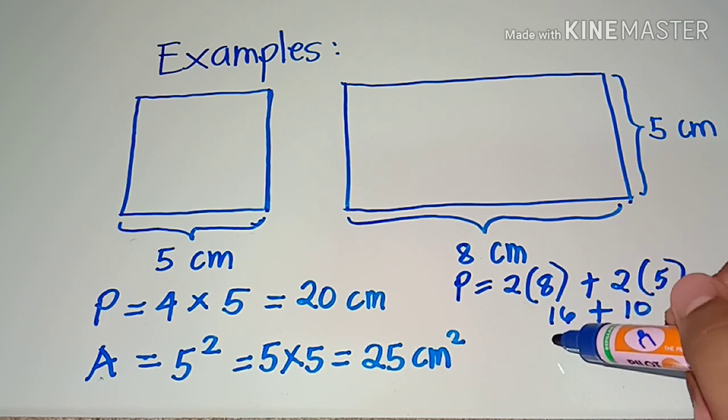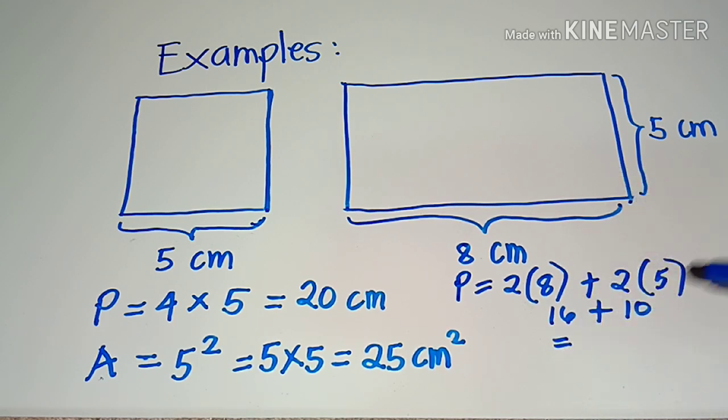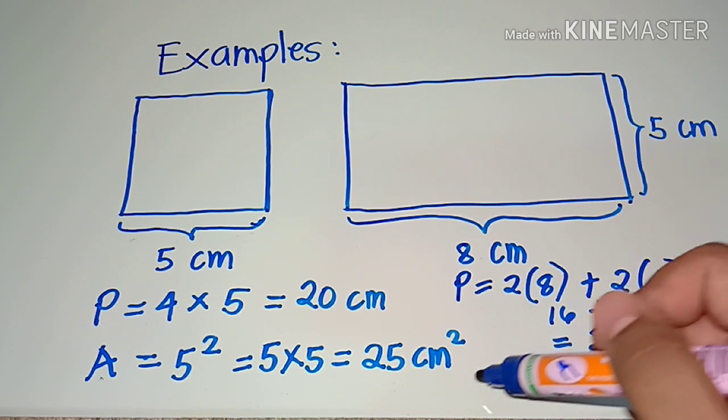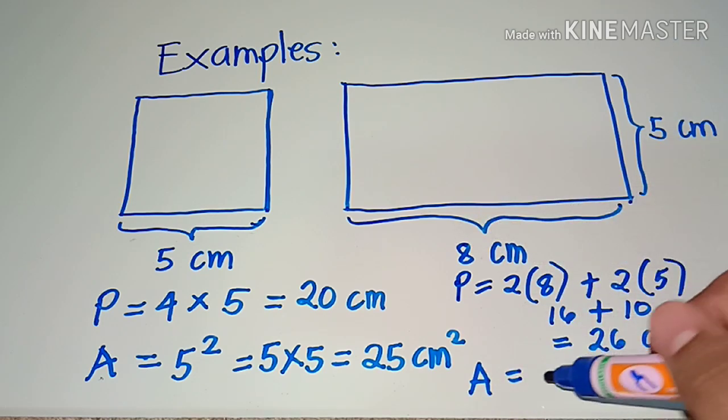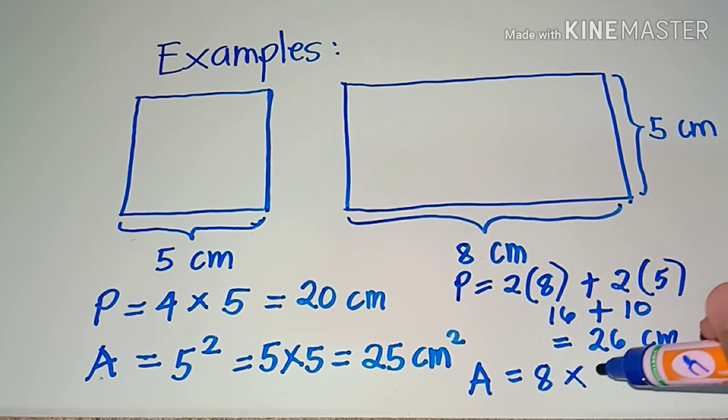So that means the perimeter of that rectangle is 26 centimeters. While in getting its area, you just simply multiply the length and the width, which is 8 times 5, and 8 times 5 will give you 40. And do not forget the unit, centimeters squared.